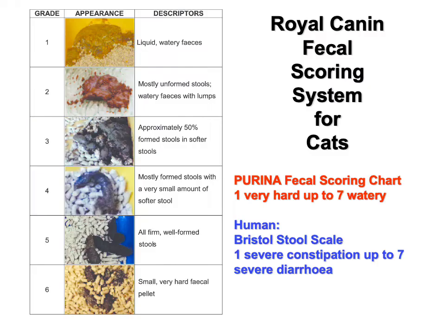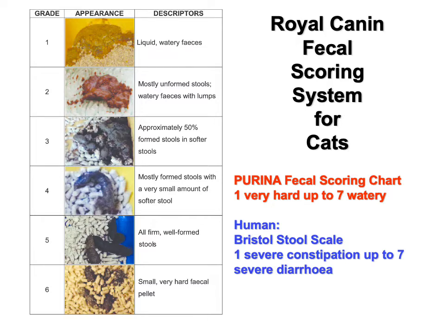Other systems are a little bit different. For example, the Royal Canin fecal scoring system for cats, but similar for the dog, has a little bit different scoring.